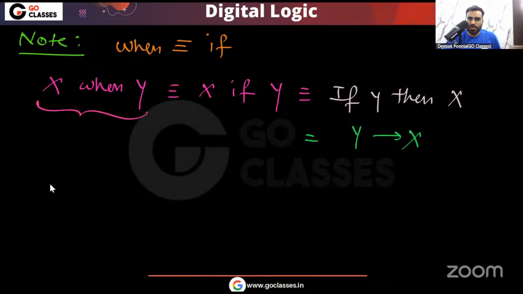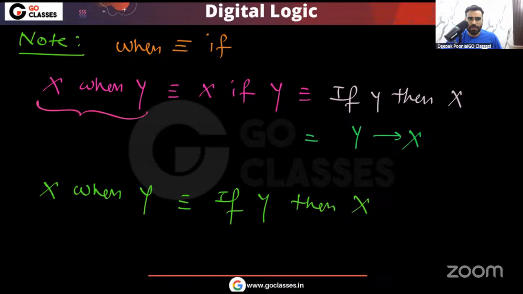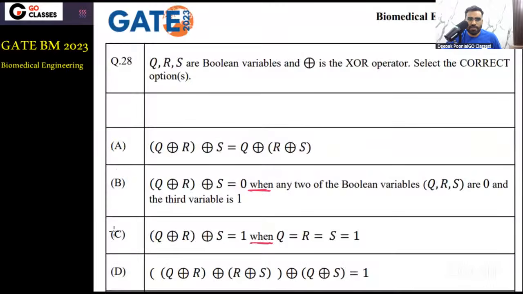So a very simple point. When you see this type of statement x when y, it simply means that if y is true, then x is true. You assume y is already true, then x must be true. If you can make x false when y is true, then I will say that this statement is false. I hope you understood. So let's see it here. What about option B?